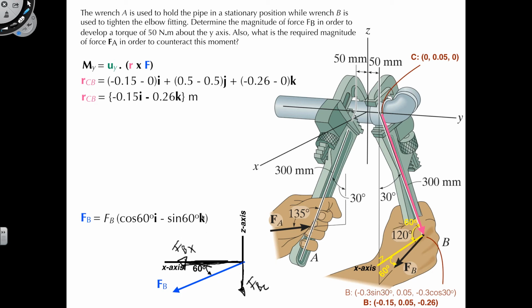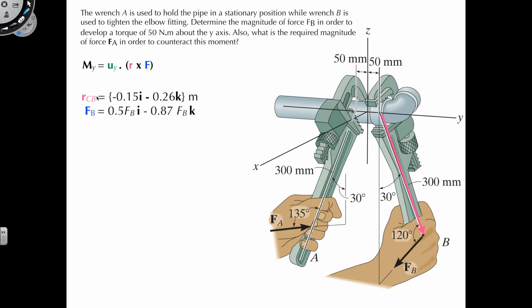This is sine 60 and this is cosine 60, and in both cases you multiply by the magnitude of FB. And that solves for the force and makes it explicit in Cartesian format.